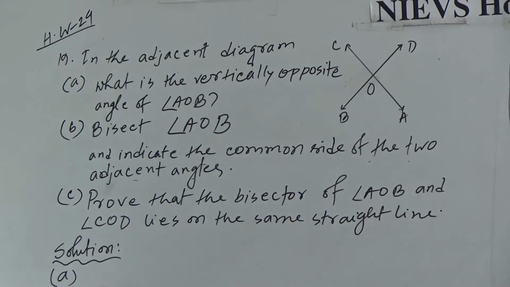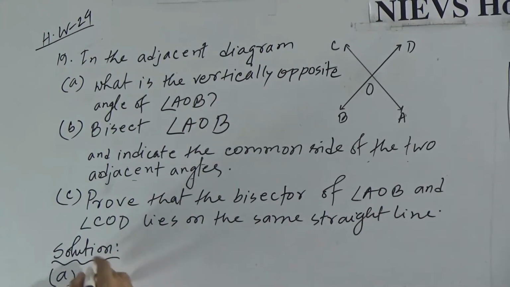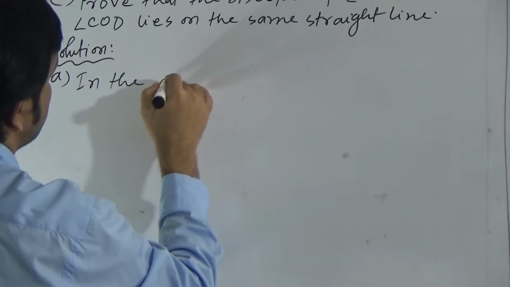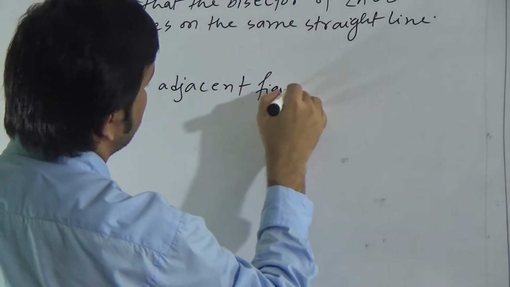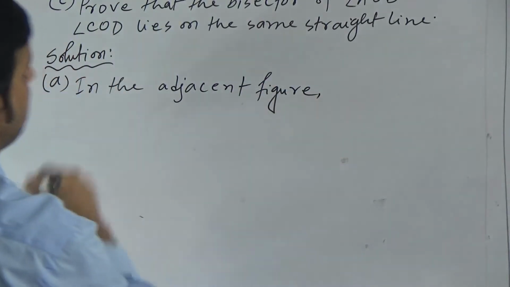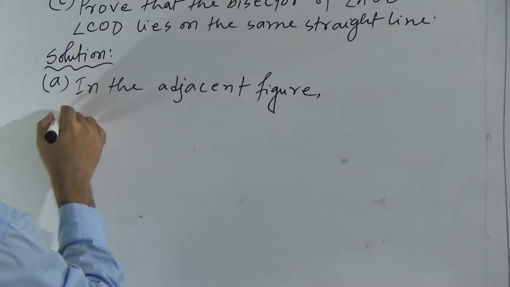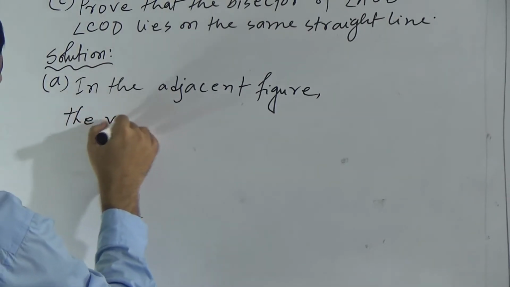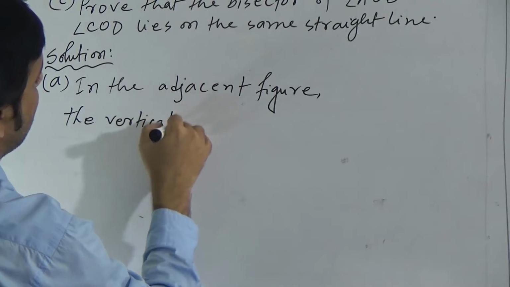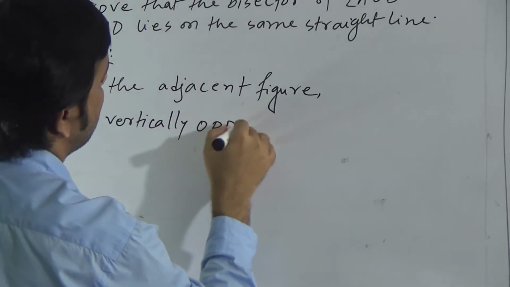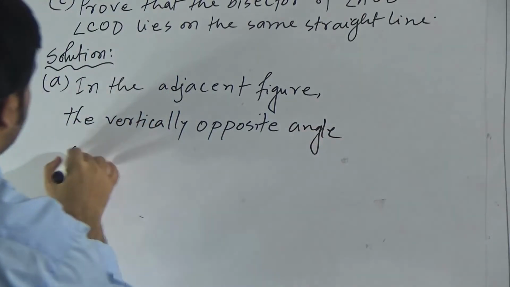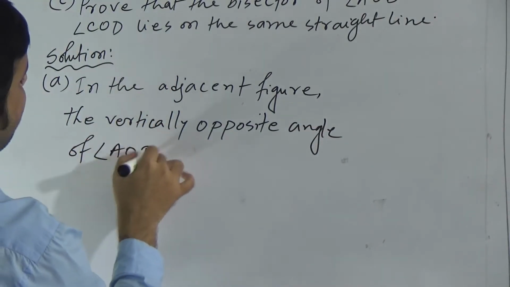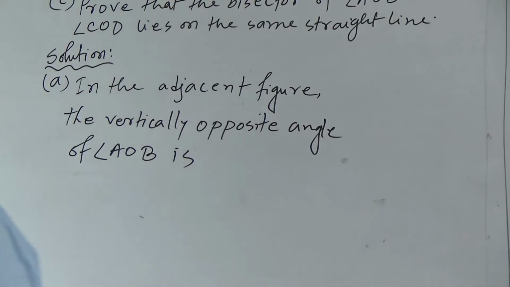First question A. In the adjacent figure, the vertically opposite angle of angle AOB is, what will be the vertically opposite angle?